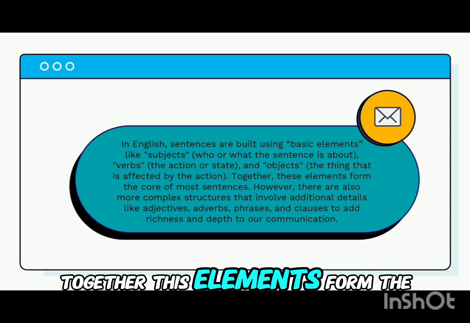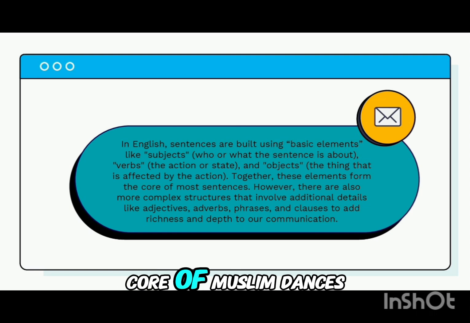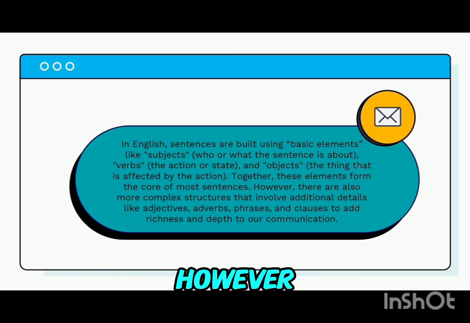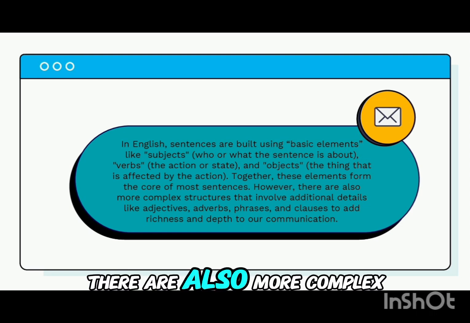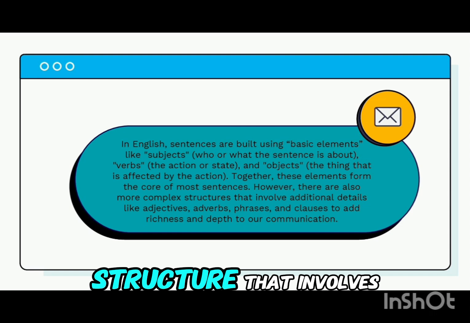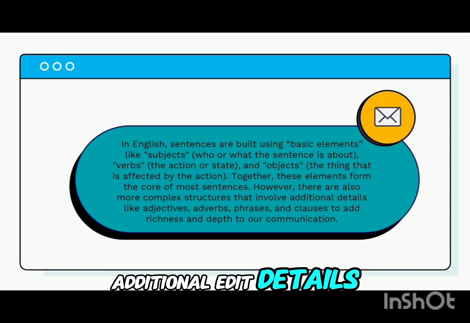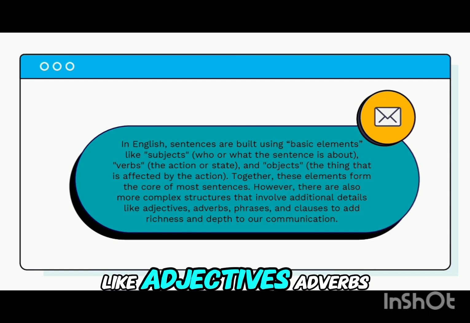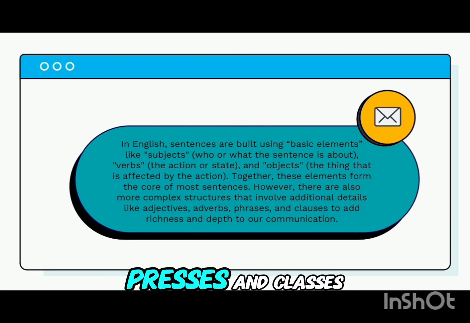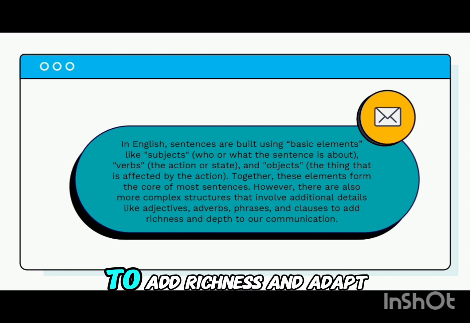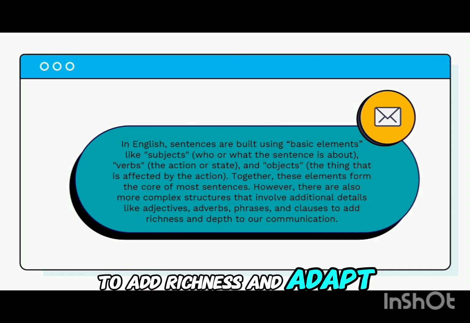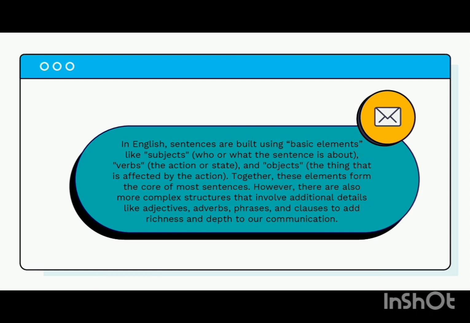Together, these elements form the core of most sentences. However, there are also more complex structures that involve additional details like adjectives, adverbs, phrases, and clauses to add richness and depth to our communication.